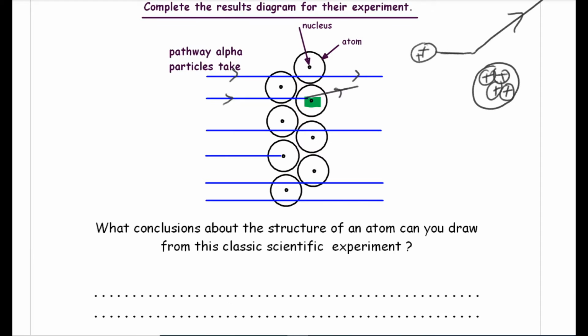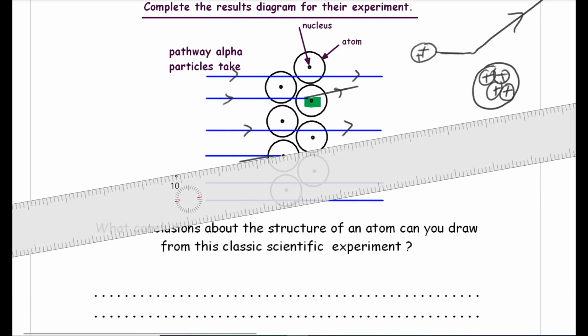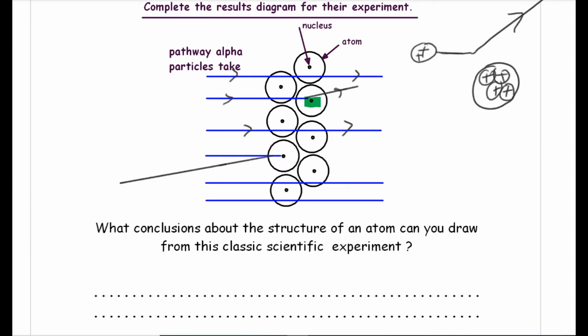So don't worry about this too much if you don't fully understand it. It's just a way for you to hopefully get a better understanding of the structure of the atom and how it is we know about it. So you can just finish off now by just drawing a few of these.